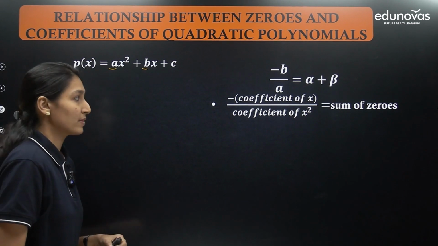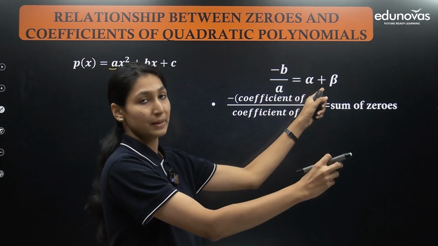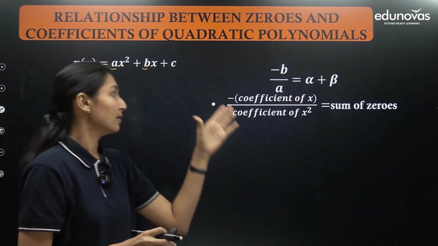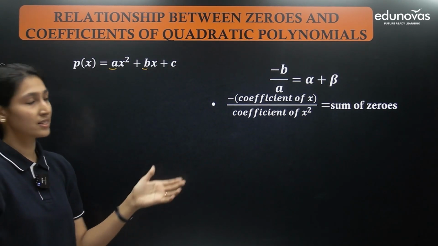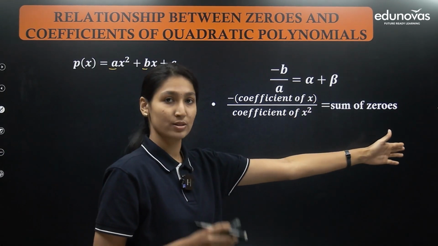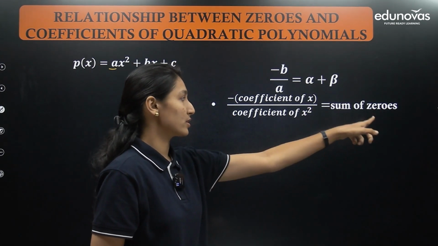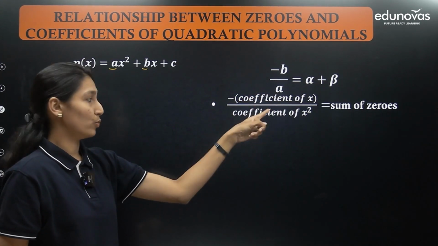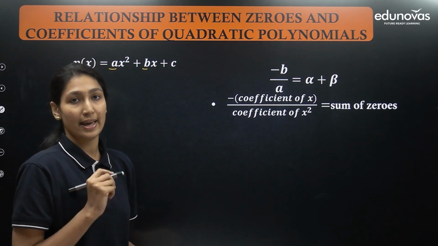And on the RHS we got alpha plus beta. Alpha and beta are the two zeros for the polynomial ax square plus bx plus c. Alpha plus beta means the sum of the zeros. Therefore, for a quadratic polynomial, sum of the zeros is equal to minus of coefficient of x over coefficient of x square.